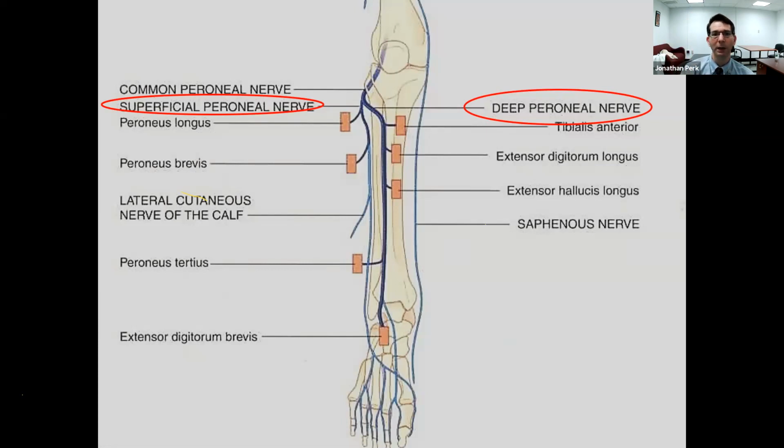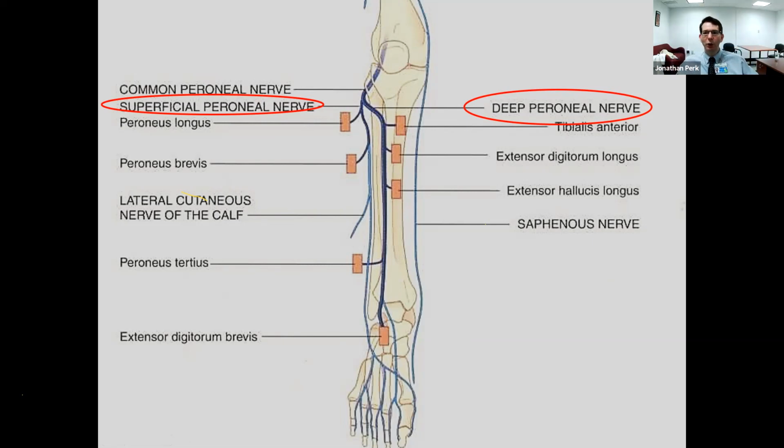We see the fibular head here, and we see the common peroneal wrap around anteriorly under the fibular head. This is a really dangerous spot for it. You can actually tap it and you'll have this funny feeling like hitting the funny bone. That's where your common peroneal nerve runs.